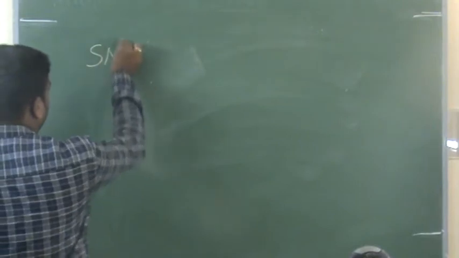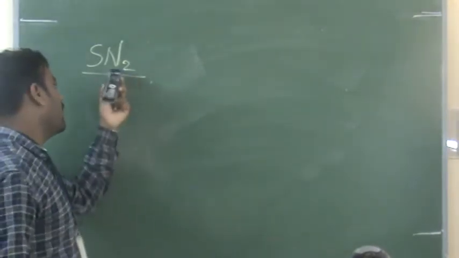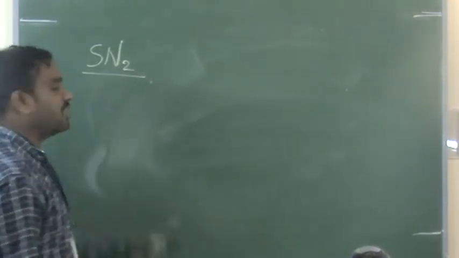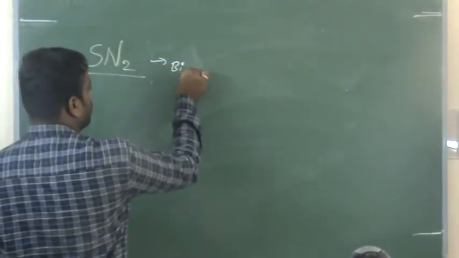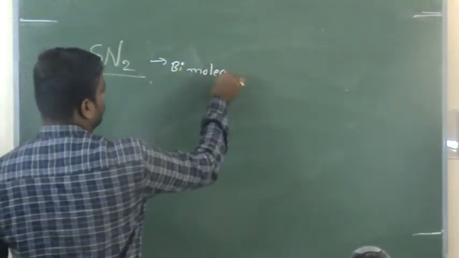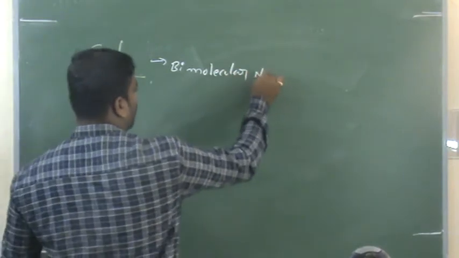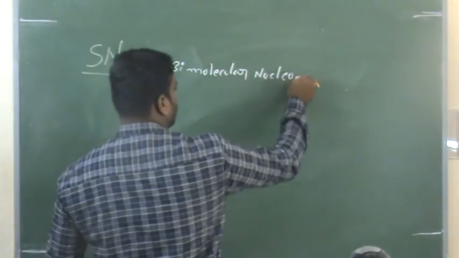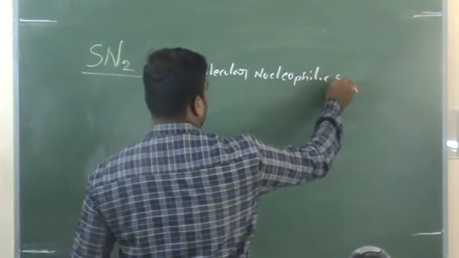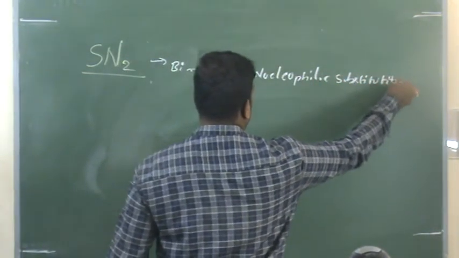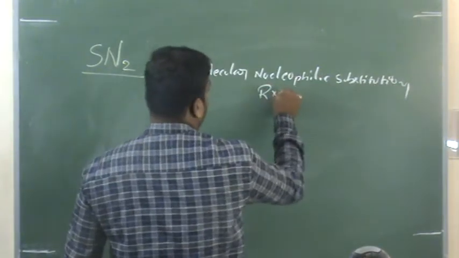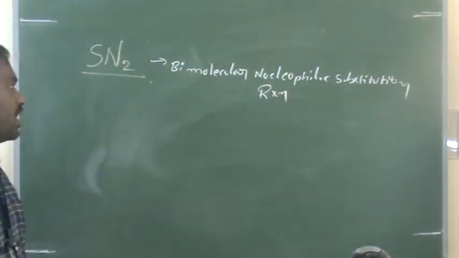Once again I am repeating: 2 indicates bimolecular, N indicates nucleophilic, and S indicates substitution. That is why it is called the bimolecular nucleophilic substitution reaction. This is the entire name.